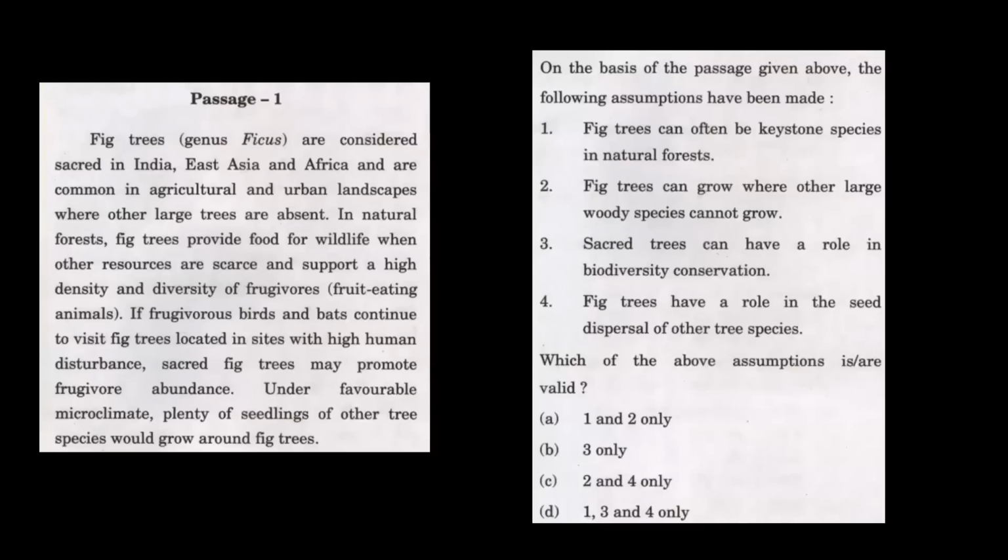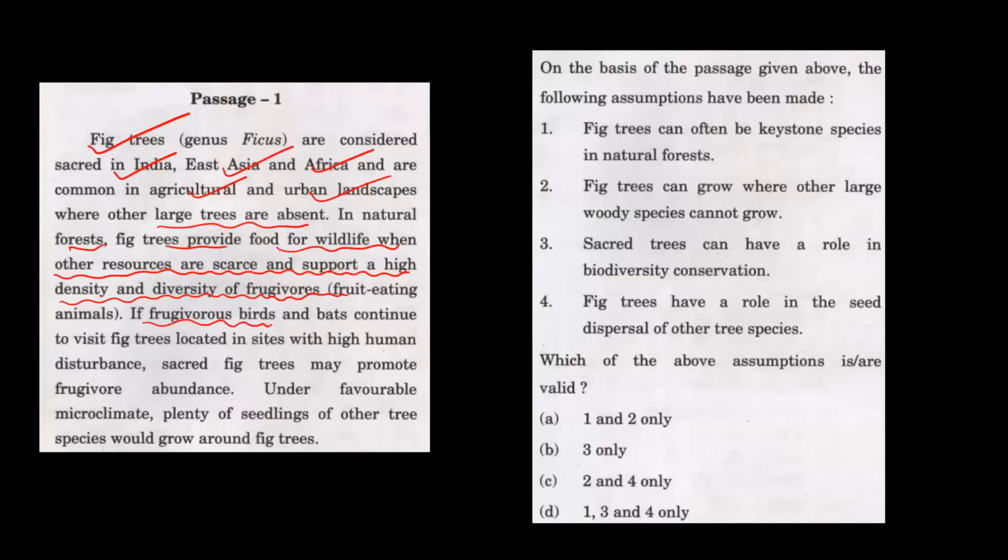Let us see this passage, guys. So let us read the passage. Fig trees are considered sacred in India, East Asia, Africa, and are common in agriculture and urban landscape where other large trees are absent. In natural forest, fig trees provide food for wildlife where other resources are scarce and support a high density and diversity of frugivores, fruit-eating animals.